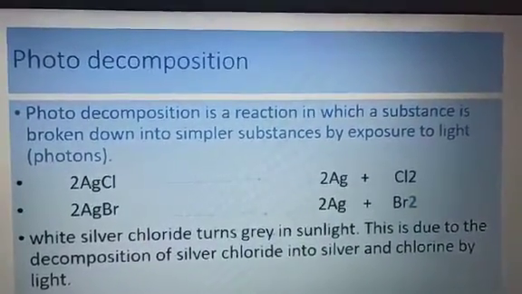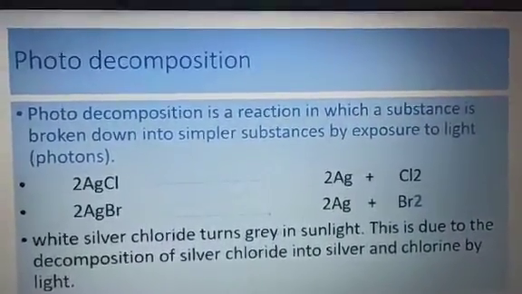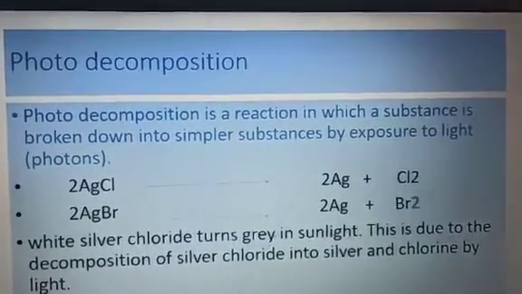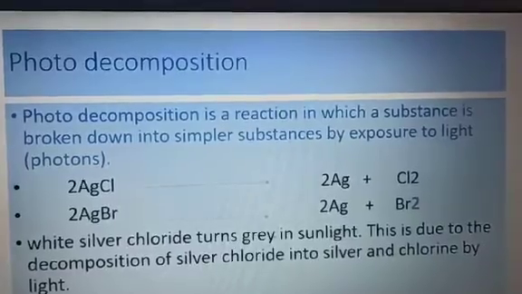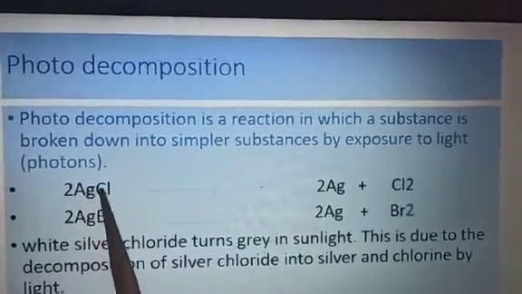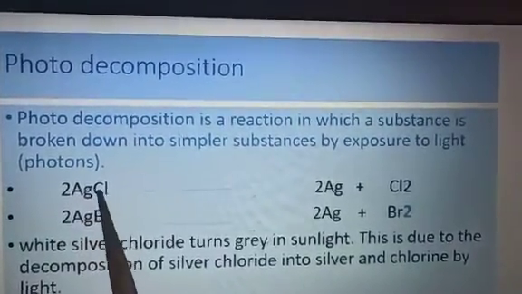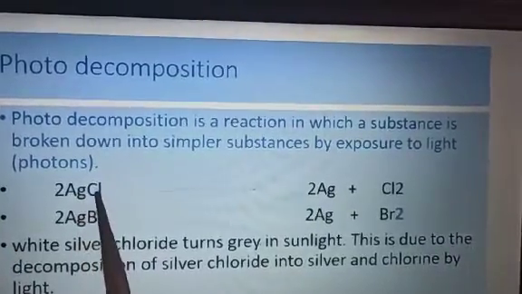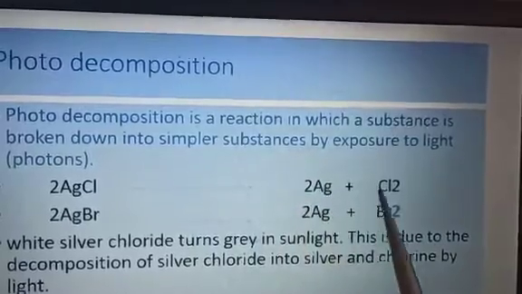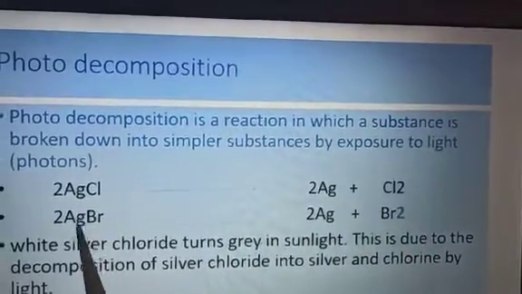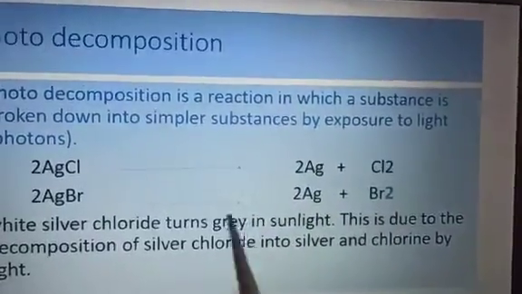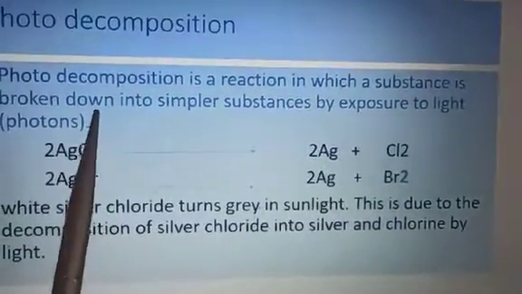Whenever the decomposition reaction takes place in the presence of sunlight, the decomposition is known as photodecomposition. Now there are two reactions you will study in this. One is the breaking of silver chloride, which breaks into silver and chlorine gas. In the same way, silver bromide breaks down into silver and bromine gas. So this is about photodecomposition.